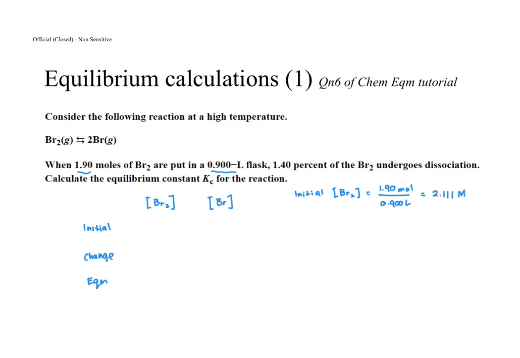We are also given the information that 1.40% of the Br2 undergoes dissociation. So we can calculate the change in bromine concentration. It will be 1.4% times the initial concentration, which is 2.111.